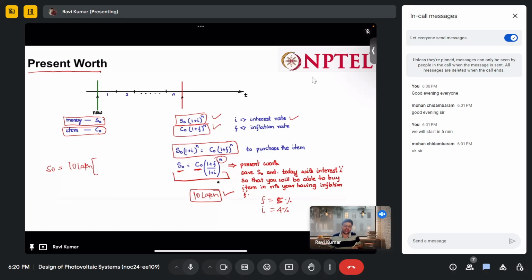After 5 years we are talking about. So (1 plus 0.05) divided by (1 plus 0.04), raised to the power 5. I'm doing the calculation.